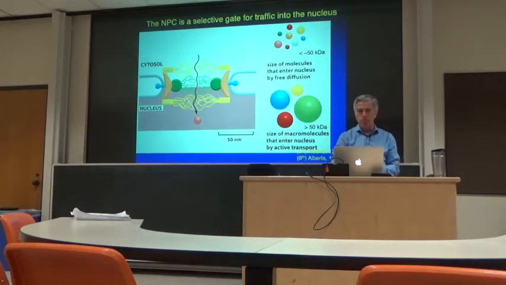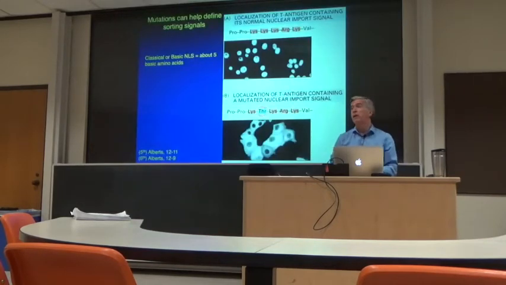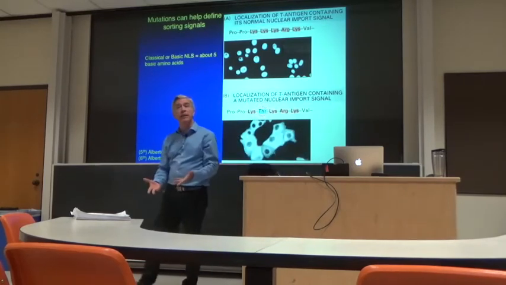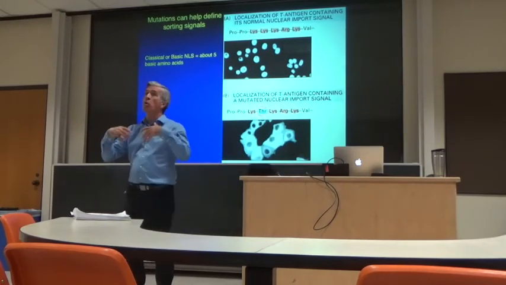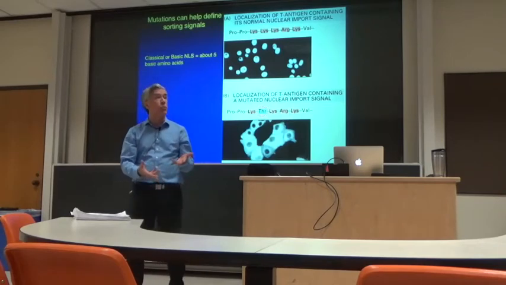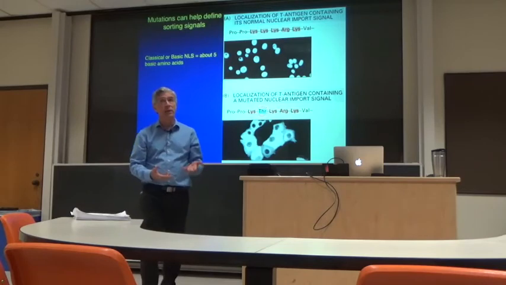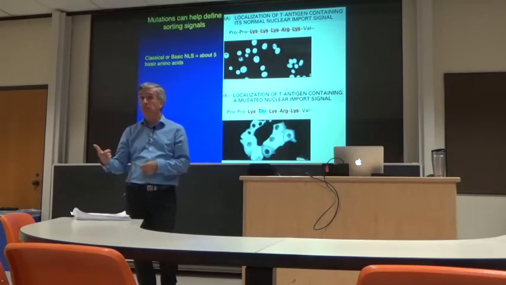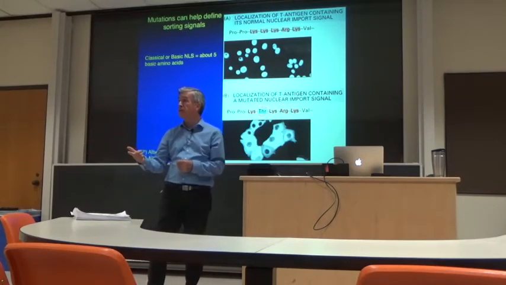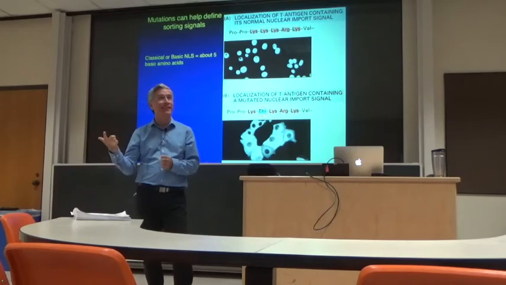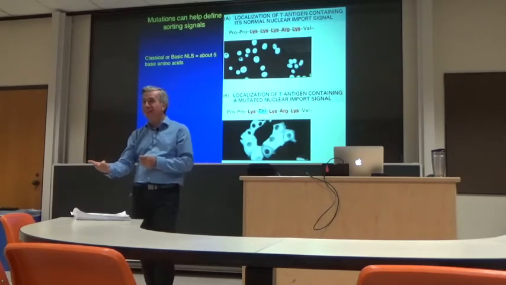So, to go in, we need a signal. Just like if you want to go into the ER, you have to have an ER signal sequence. If you want to stay in the endoplasmic reticulum once you have been in there, you have to have a KDEL. If you want to send a lysosomal enzyme to the lysosome, you need a mannose-6-phosphate signal.